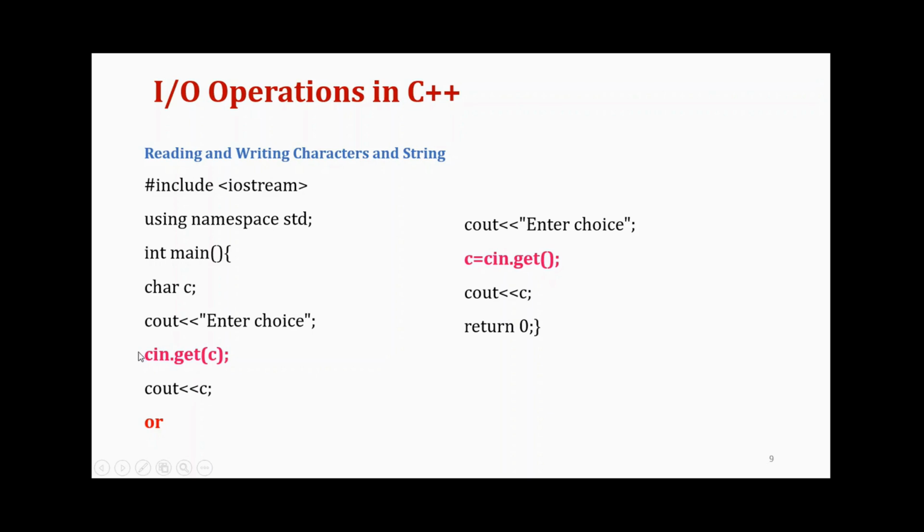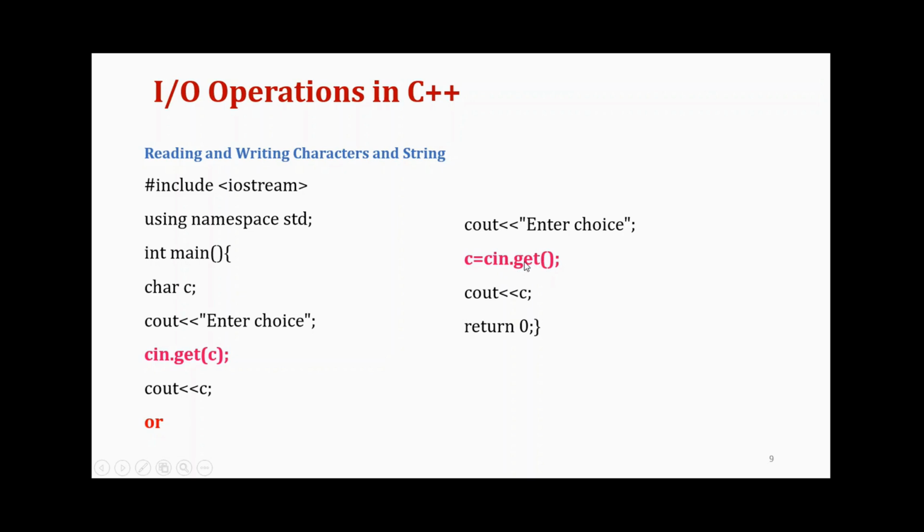In the same way, check out this code: object dot get, with no parameter inside the get function. In that scenario it is returning a character that will be stored in this. So the user is entering the value by using the input operator, on the input object cin I'm calling the get function.